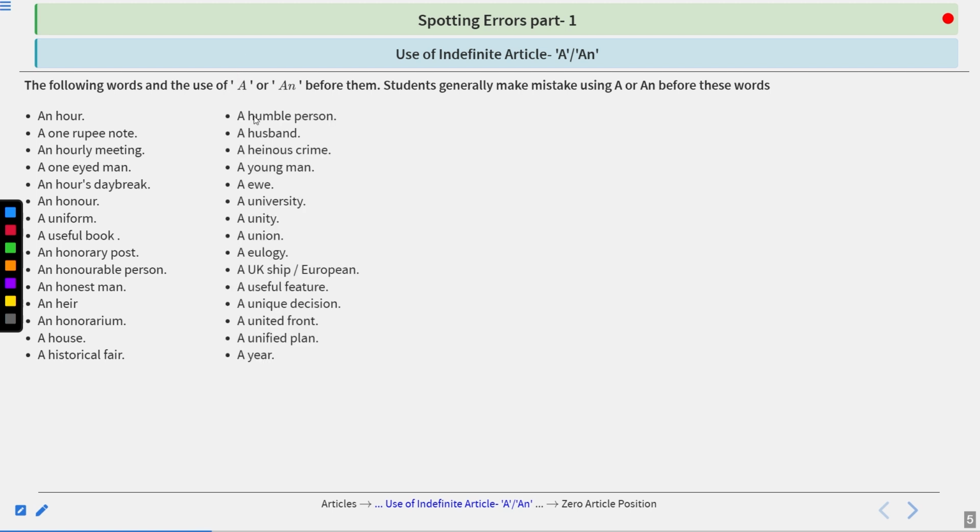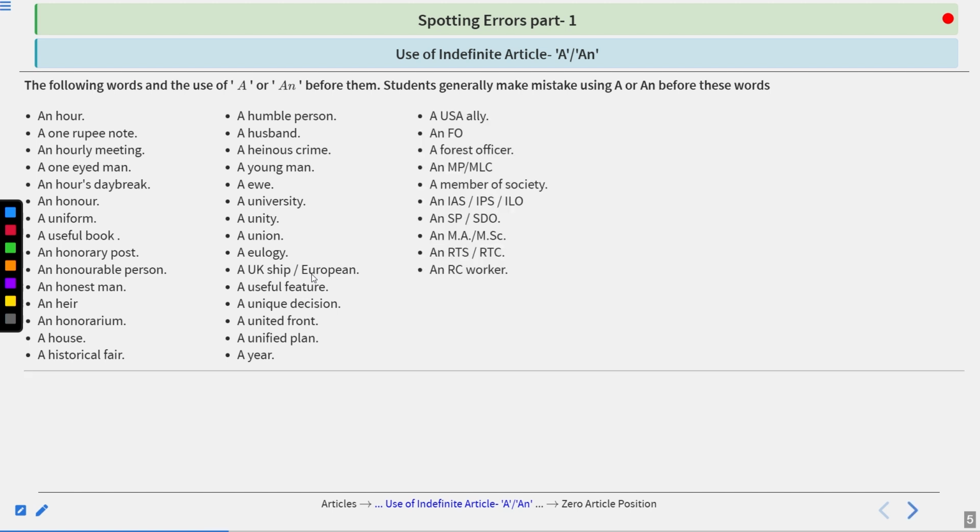Others are: a humble person, a husband, a heinous crime, a young man, a university, a unity, a union, a eulogy, a UK ship, a European, a useful feature, a unique decision, a united front, a unified plan, a year. I hope you have understood.